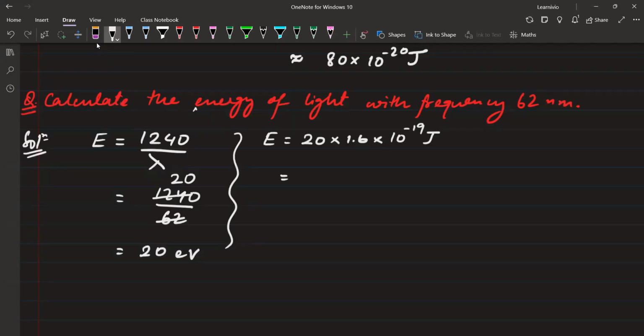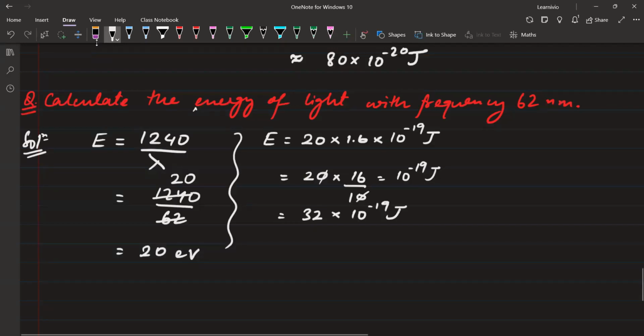Now here if we do a little, 20 into 16 by 10 into 10 to the power minus 19 joules. 1.6 can be written as 16 by 10, so the 0 and 0 will get cancelled. 16 twos are 32 into 10 to the power minus 19 joules.